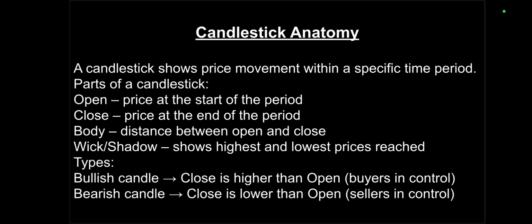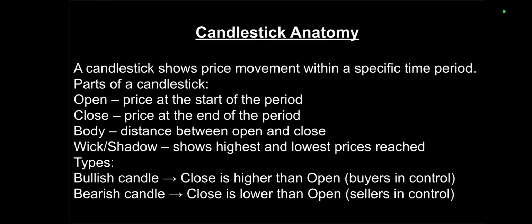We also have the body, the distance between open and close. Then we have the wicks, which we also call shadows. The wicks, at the downside or the upside, are those tiny lines you see on your candle on the chart. The wick shows the highest and lowest price reached.